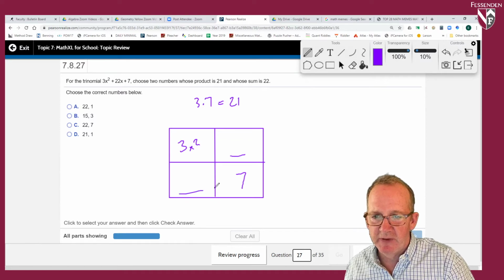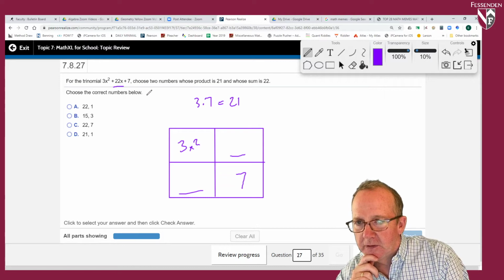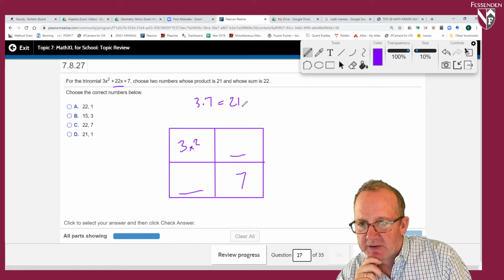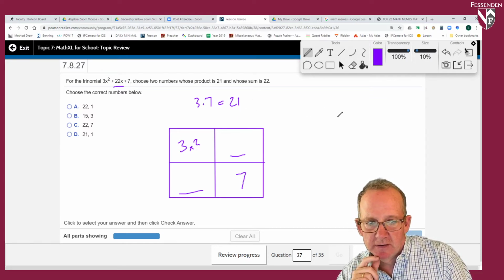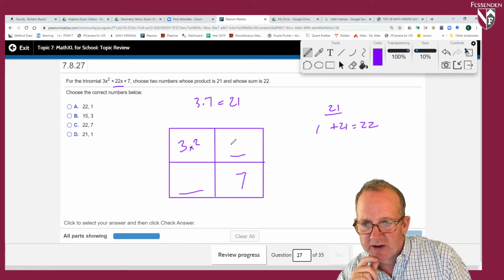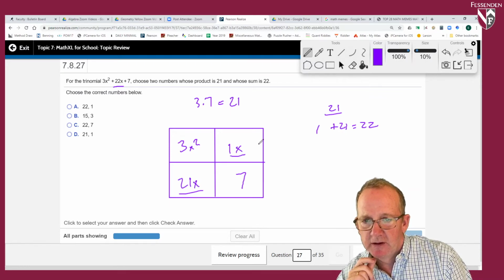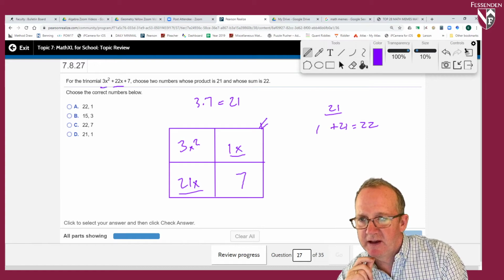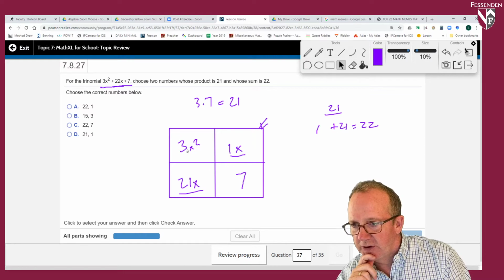And we're trying to figure out how to make 22 out of factors of 21 that add to 22? And that's going to be 1 and 21. So that means we have 1x and 21x. The contents of the box is the same as our trinomial, and so our answer here is 21 and 1.